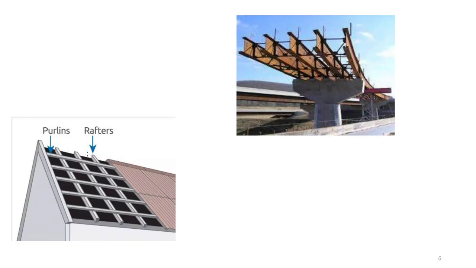Here we can see the rafter as one type, and the rafter and purlin. The purlin is a type of beam which can carry the roof material we provide to cover the openings.